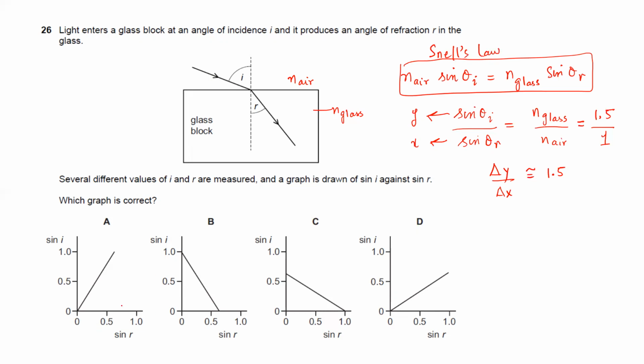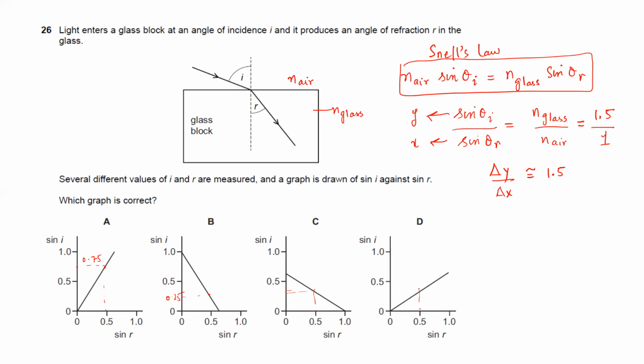So let's see which graph says this. The slope of this graph: at 0.5, this is around 0.75. At 0.5, this one is around 0.25. At 0.5, this is something around 0.3.